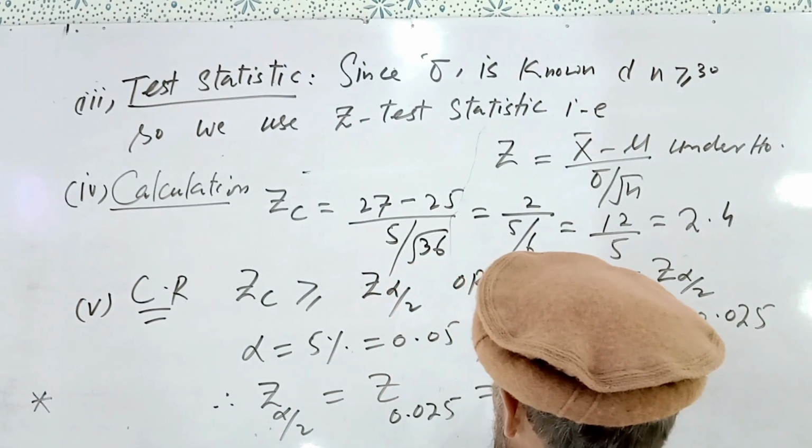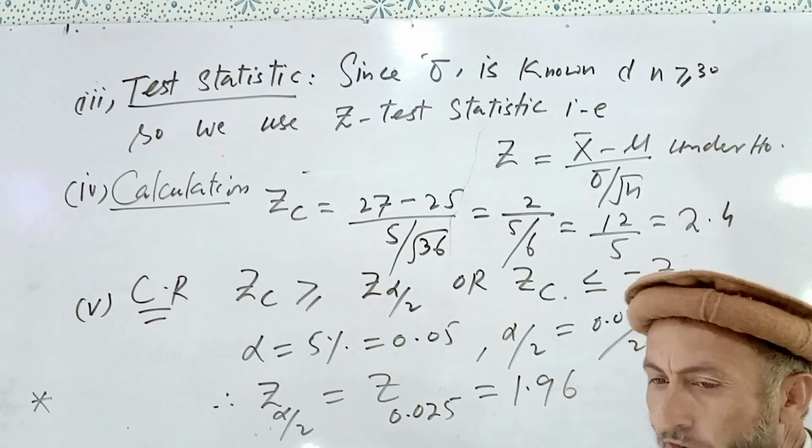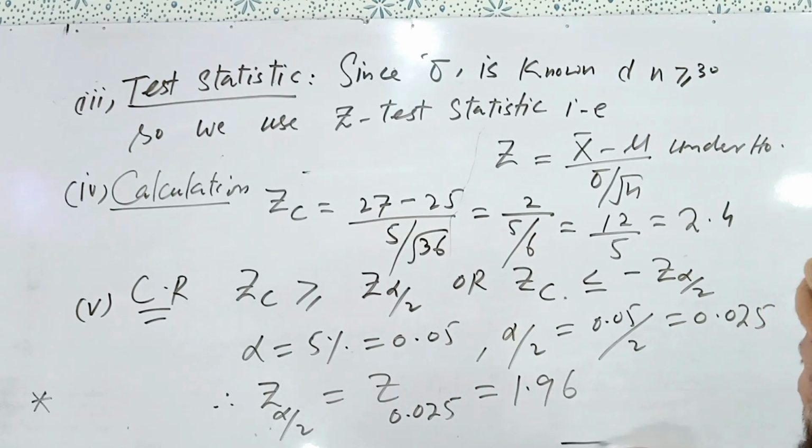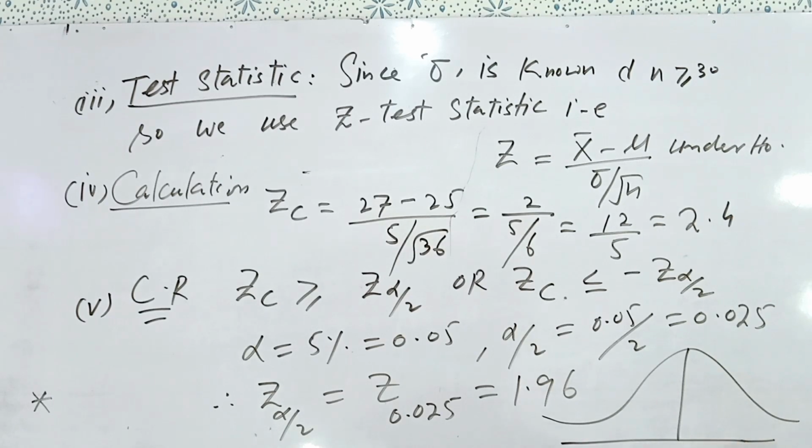In the standardized normal variable table, Z alpha by 2 gives the answer 1.96. If we draw the curve, the mean is 25, and here is minus Z alpha by 2, which is minus 1.96, and Z alpha by 2, which is 1.96. We check whether the calculated value lies in the rejection region: 2.4 lies here.